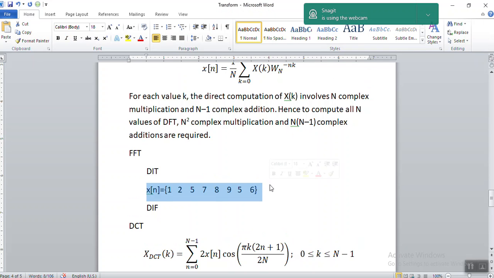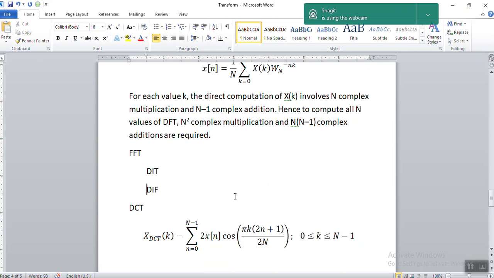So, in case of 8 point, 3 levels of decimation, 2 to the power 3 is 8. After 3 levels of decimation, you will not get any complex multiplication. So, the computational complexity gets reduced. So, this is what FFT is.